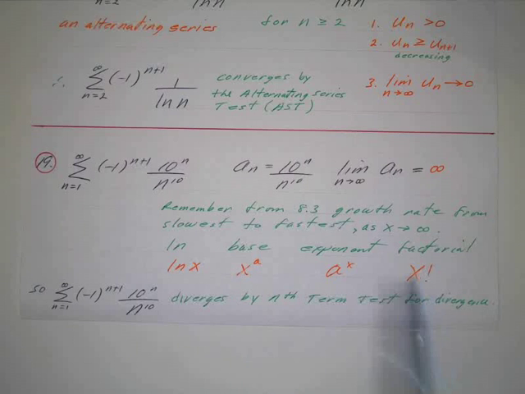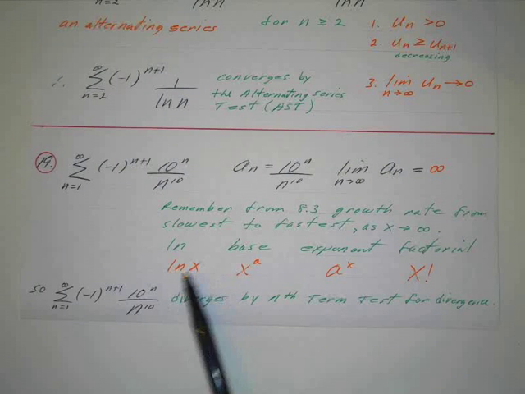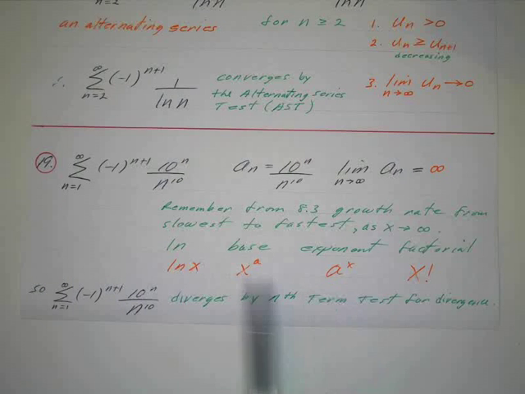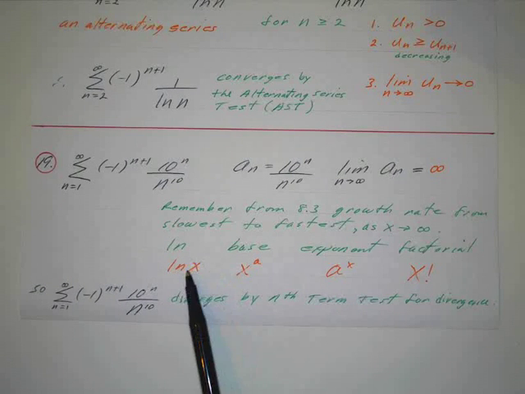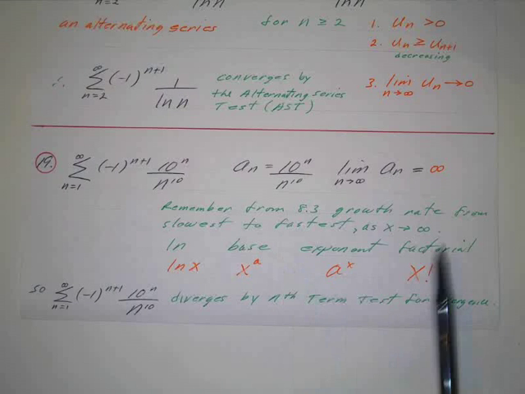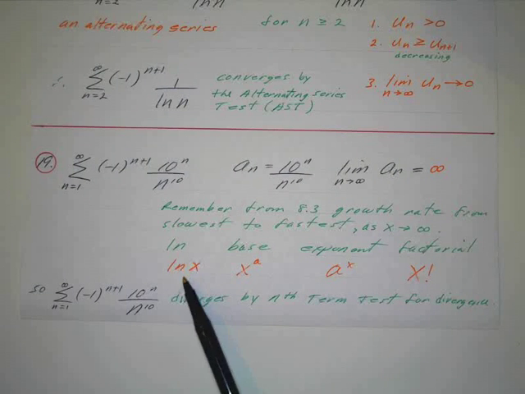Now you can graph all these on your calculator, and you can see that at first, as we get maybe 1, 2, 3, or 4, the growth rates are kind of jumbled up. But as we get past 5 or 6, you'll see this goes up at an even steeper rate. They all start very gradually.